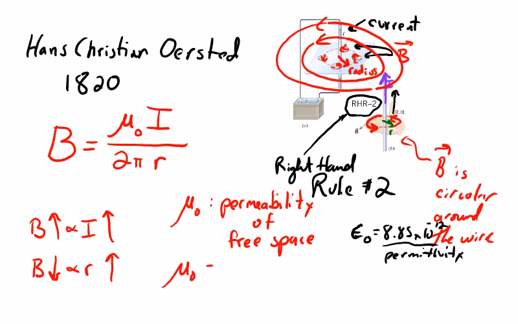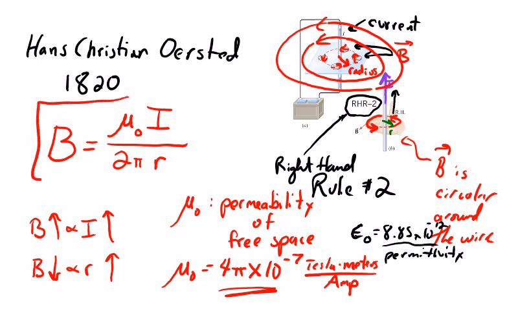Mu 0 is actually equal to 4 pi, so it's 4 pi times 10 to the negative 7th power. It does have a unit. It's in Teslas times meters over amps. Really, all that's designed to do is make sure that everything cancels out. So we get our Teslas for our magnetic field. So you should see the meters would cancel out here, and our amps are going to cancel out. So we get everything to kind of work out.